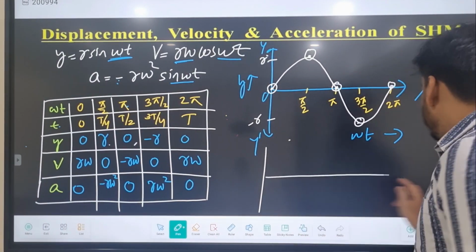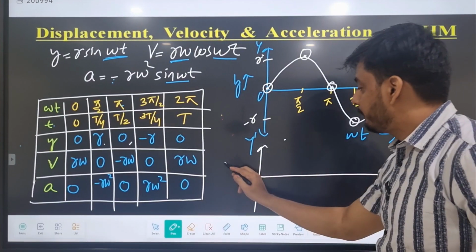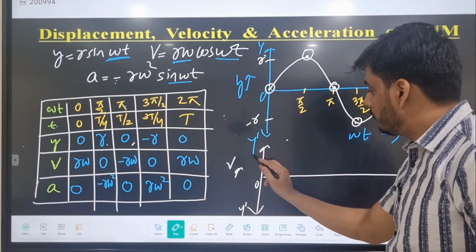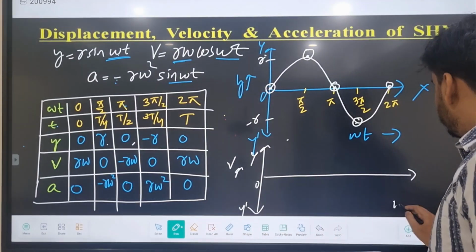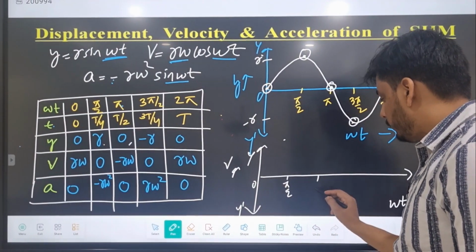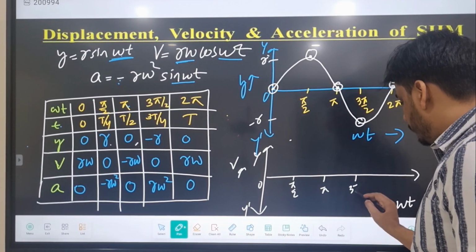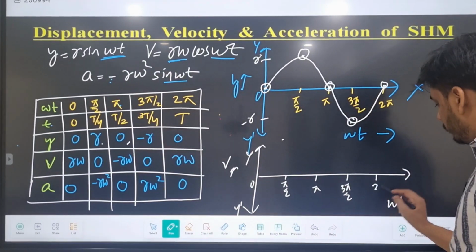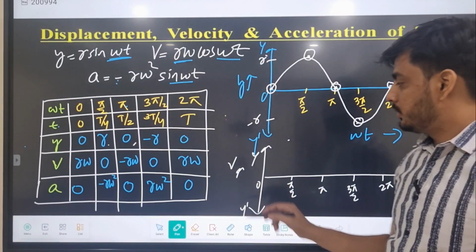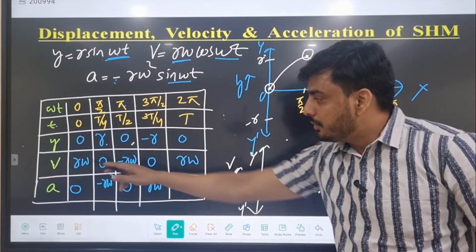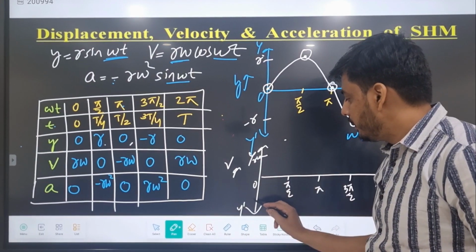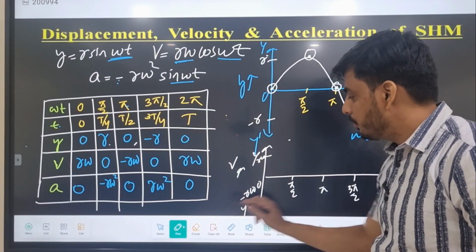Similarly, we can plot the graph for velocity. Velocity along the y-axis, and here omega t. Same thing: 0, then pi by 2, pi, 3 pi by 2 and 2 pi. Clear? Now we have to plot. For velocity at 0 it is r omega. Let this value be r omega, and this will obviously be minus r omega.